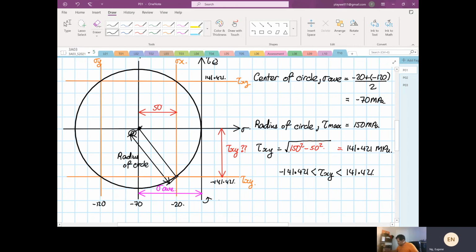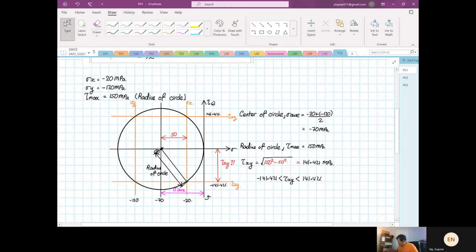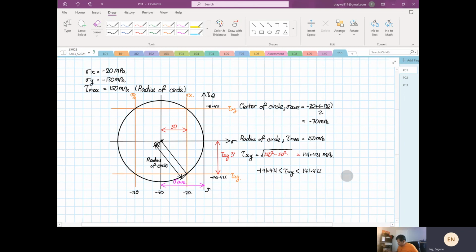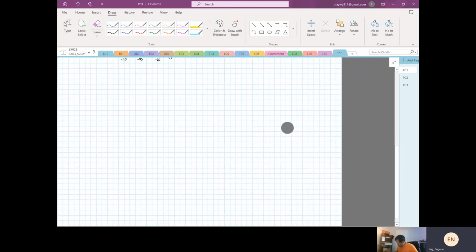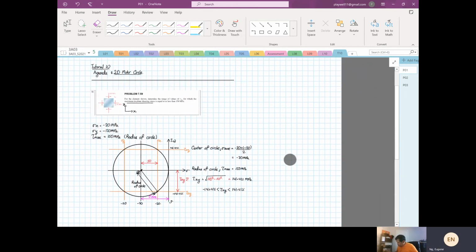The way we solve it is through constructing the circle. If you look at the solution manual, they're using a bunch of equations. In case you don't know how they form the equation, this is how it is done. So that is example number 1.